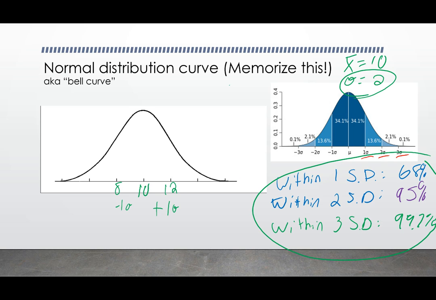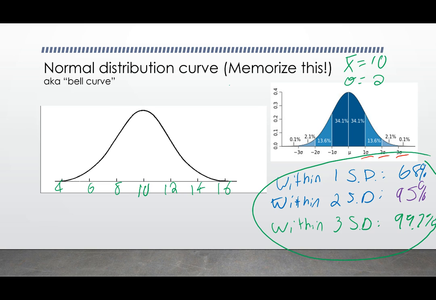That's where those data points would lie. Which would make 2 standard deviations at 14 and 6, and 3 standard deviations at 16 and 4, as far as the pounds of the fish.